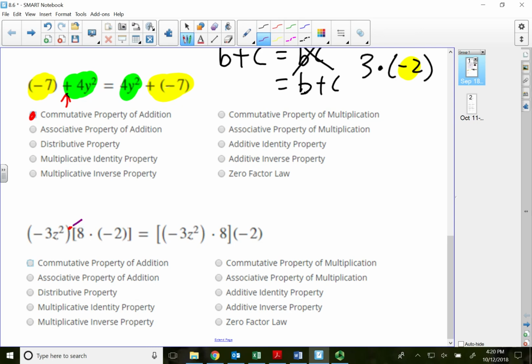The bracket on the left side is on the a and negative 2, telling you to multiply those two first. But on the right side, the bracket has shifted onto negative 3z squared and a. So the left side is a times negative 2 first, and the right side is negative 3z squared times a first. Who I multiply first has changed, so that has to be the associative property for multiplication.